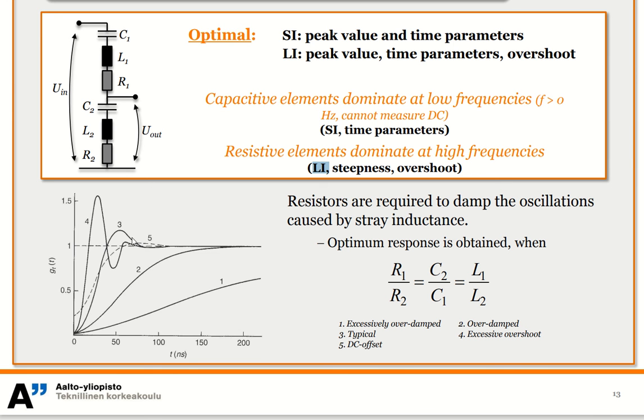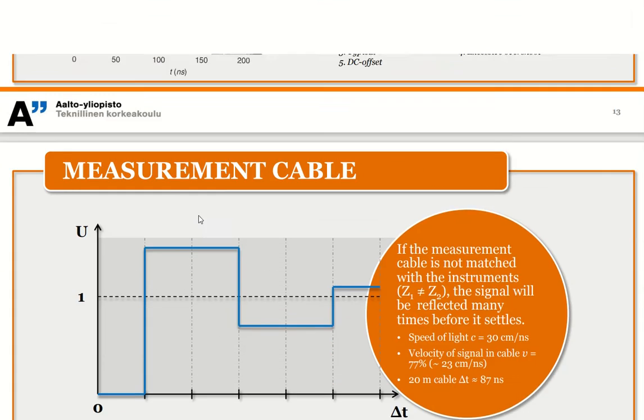So we can see here this is the typical, so they have overshoot here in the pulse, and then number four is excessive overshoot, and number five here is a DC offset.